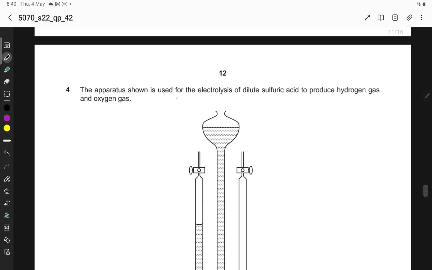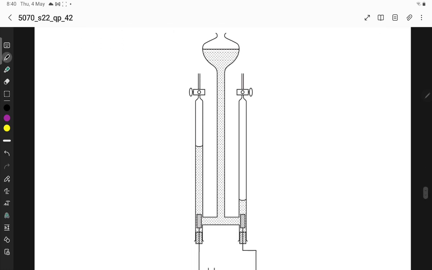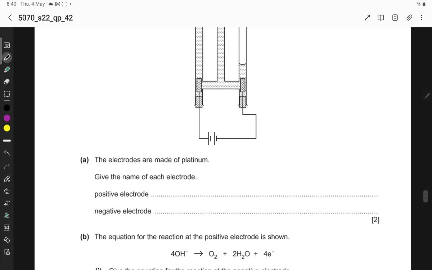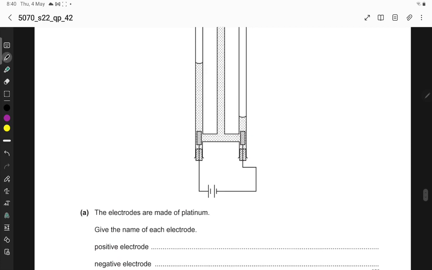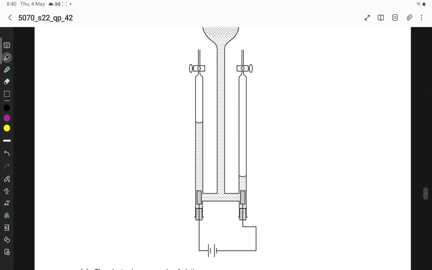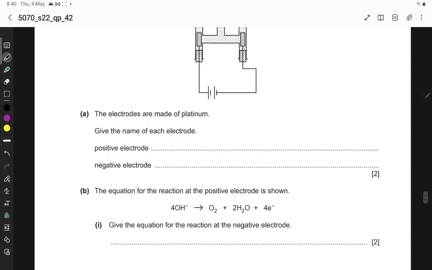Question number 4. The apparatus shown is used for the electrolysis of dilute sulfuric acid to produce hydrogen gas and oxygen gas. The electrodes are made of platinum. Give the name of each electrode. Positive electrode is anode.